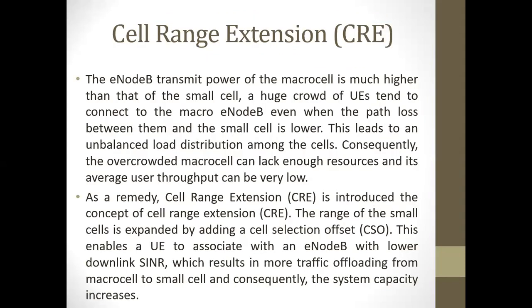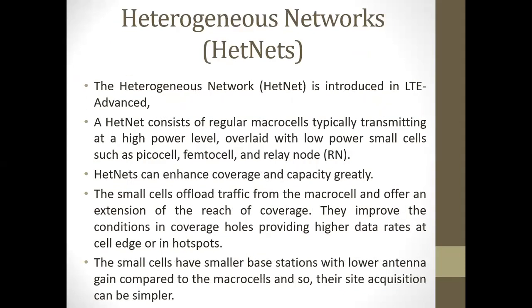Homogeneous network means you have the same cell size. But when you have a combination of a large cell, picocell, femtocell, sometimes your small cells are overlaid by a large cell.